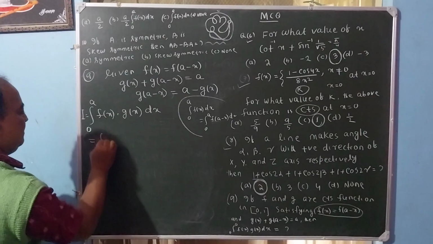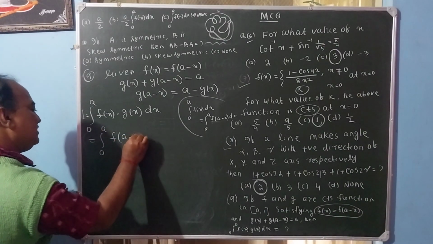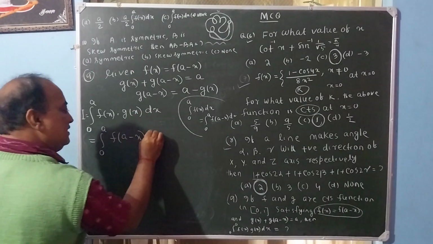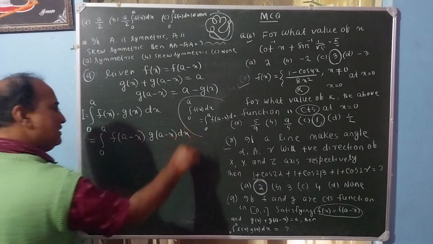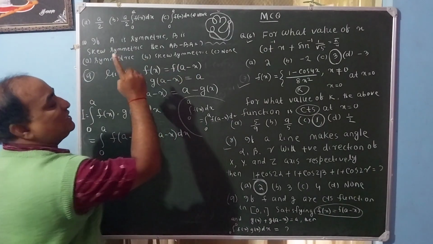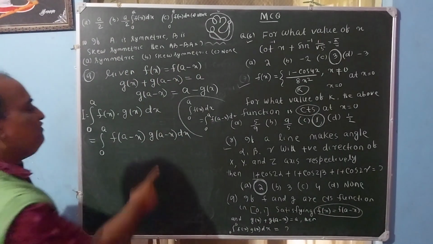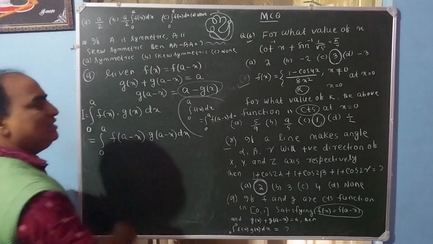So we get the integration from 0 to a of f(a minus x) g(a minus x) dx. It is given f(a minus x) is equal to f(x). In place of g(a minus x), we put a minus g(x).